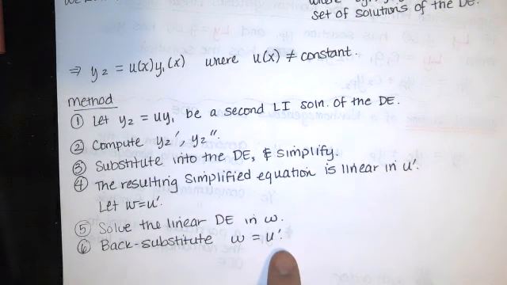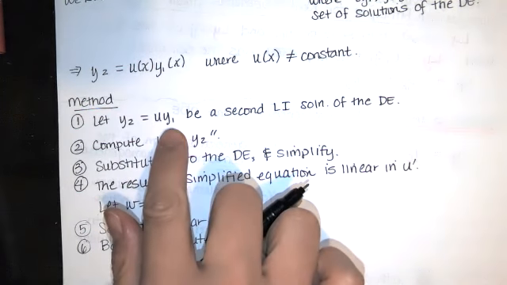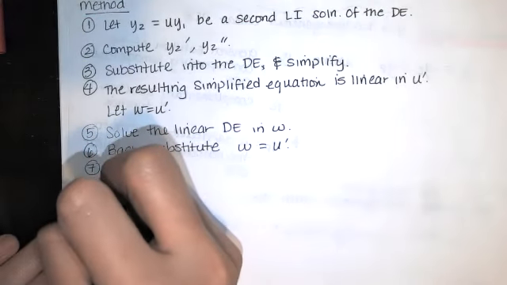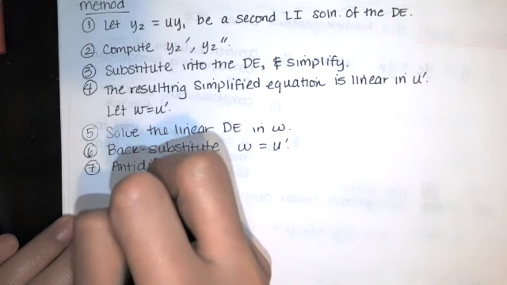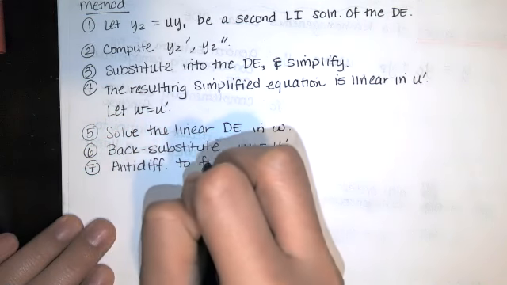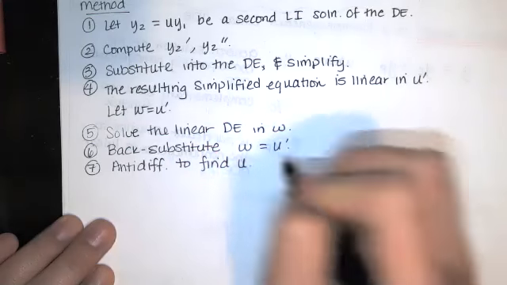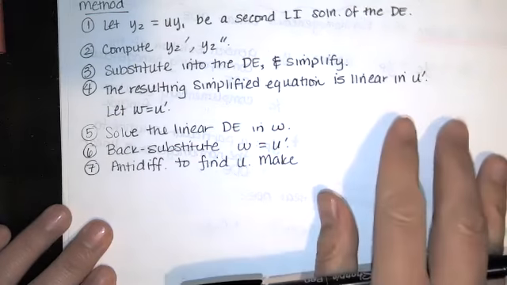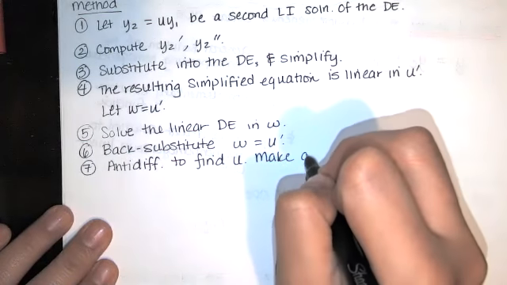Now, if you want to get u by itself, and we want u so that we can find y2, we will anti-differentiate both sides. And then we're going to make appropriate choices for constants, and we'll talk about that when we get there in a specific example.